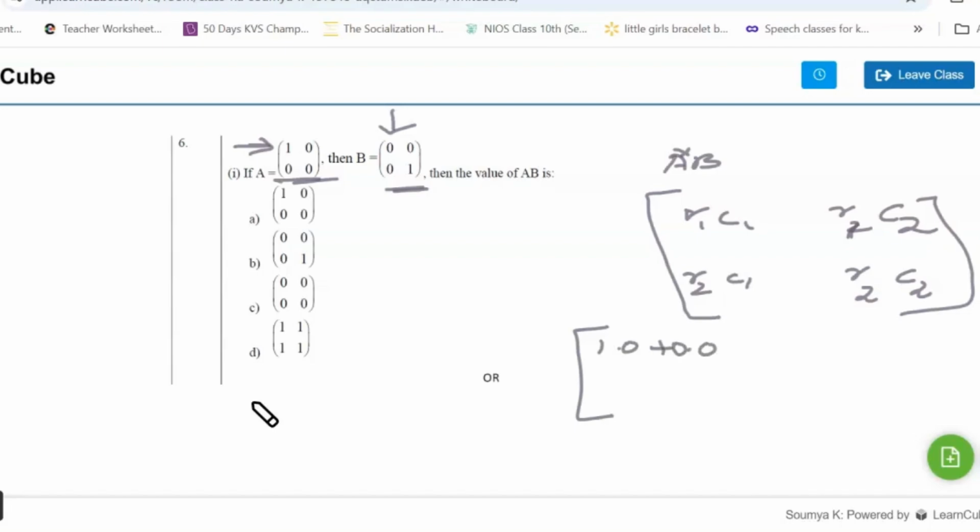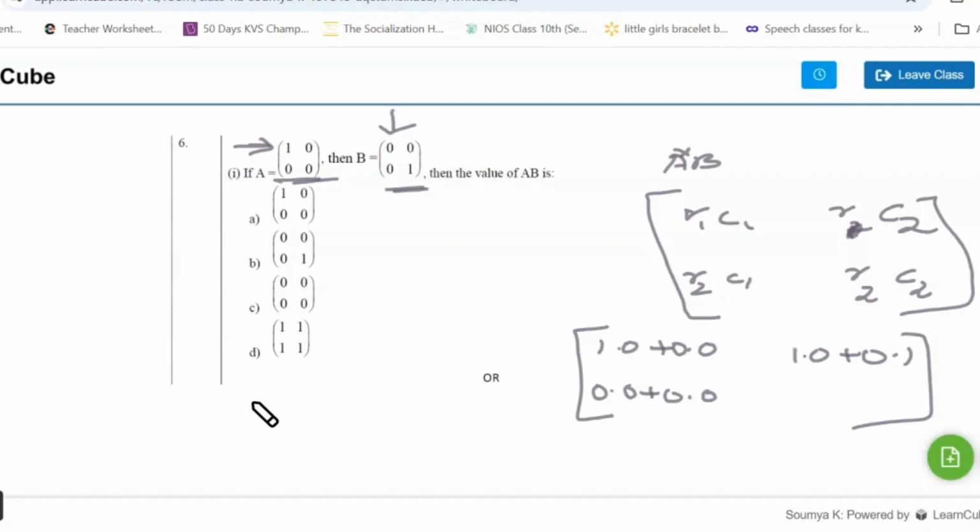Next comes first row and second column, which is 1 into 0, 0 into 1. Similarly then comes second row, first column, which is 0 into 0, 0 into 0. We are not writing the answer since all the values are mostly 0, but we have to be careful while doing it.